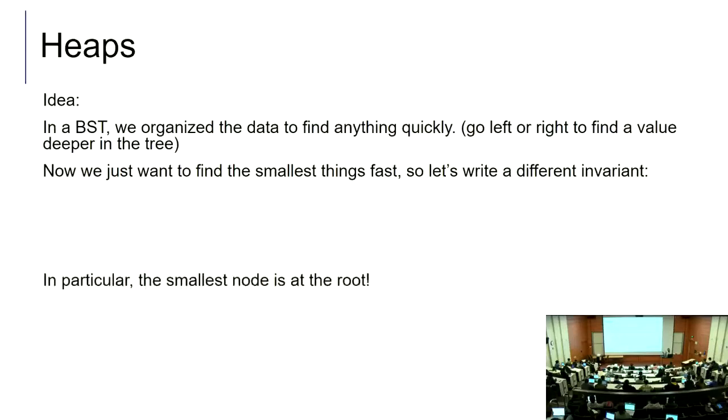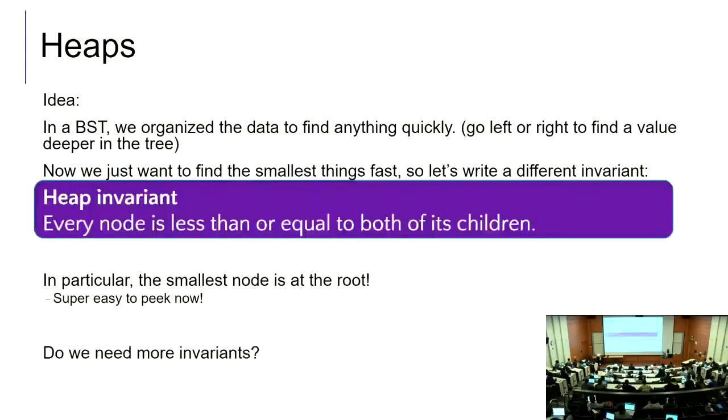So let's write a new invariant. Every node is less than or equal to both of its children, i.e., let the smallest values bubble to the top. So the overall root will be the smallest value, and any other values that are larger will become its children.